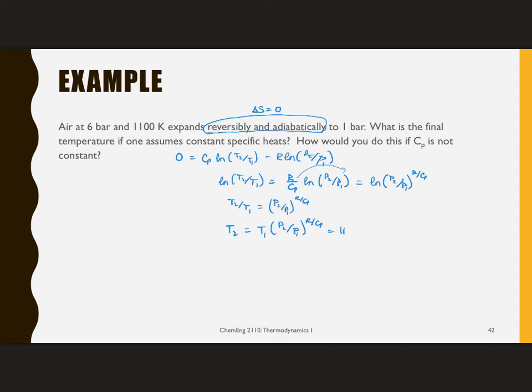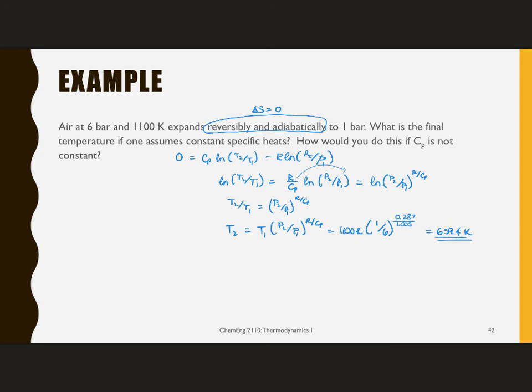In this case, that's 1100 Kelvin. P2 was 1, P1 was 6, both of those in bar. R is 0.287. C sub P is 1.005. And this comes out to 659.4 Kelvin. So the final temperature is 660 Kelvin.